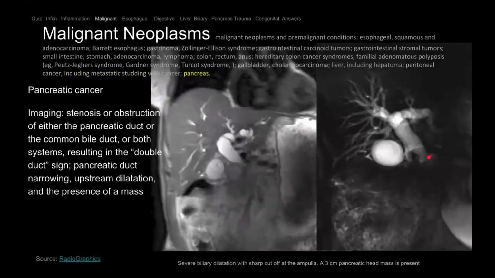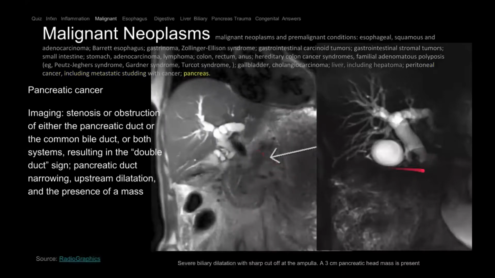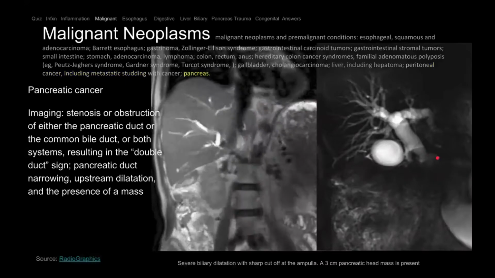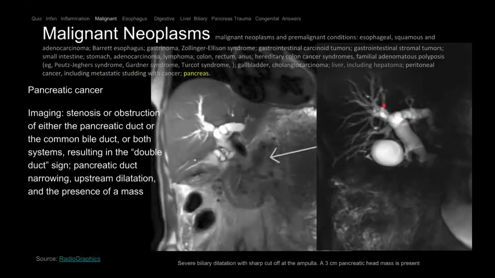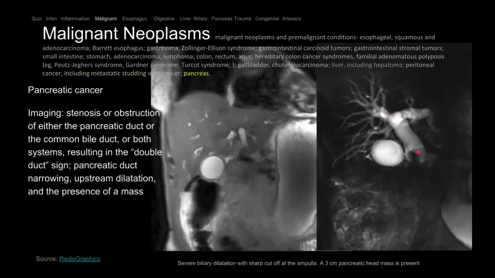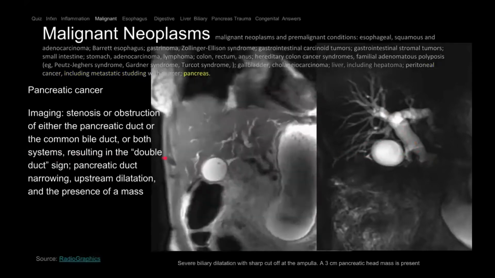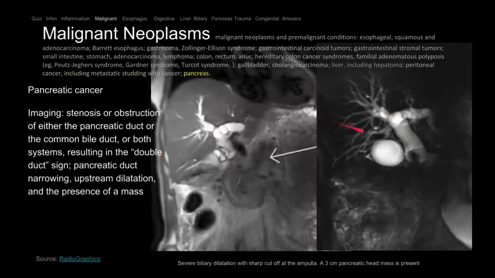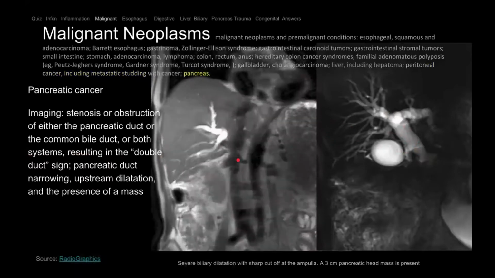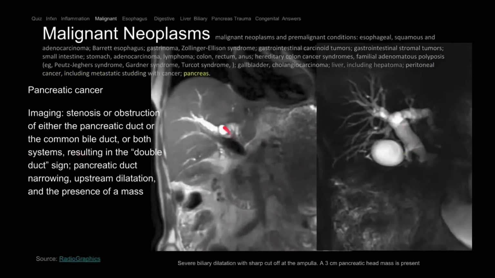Here is the MIP version of this patient. So there's a sharp cutoff here, and the patient has severe biliary dilatation from the pancreatic head mass. So they have this thing called a double duct sign. That's when you see both the CBD as well as the portal vein. But that's on ultrasound.